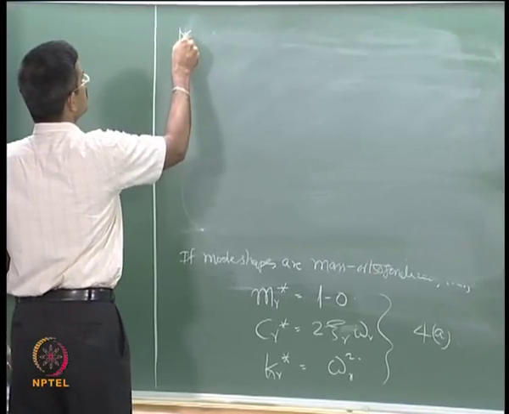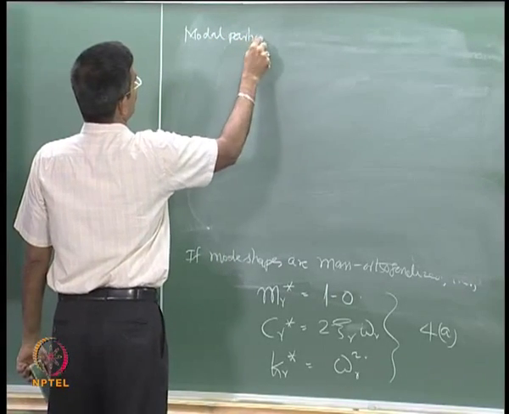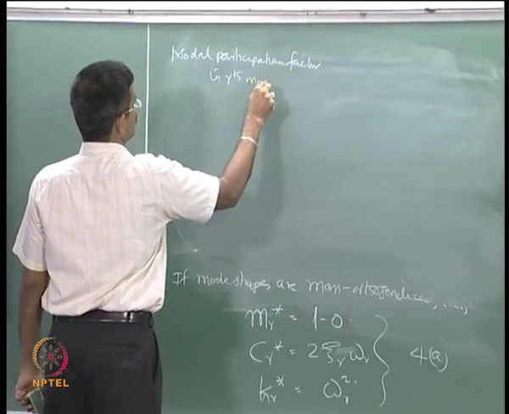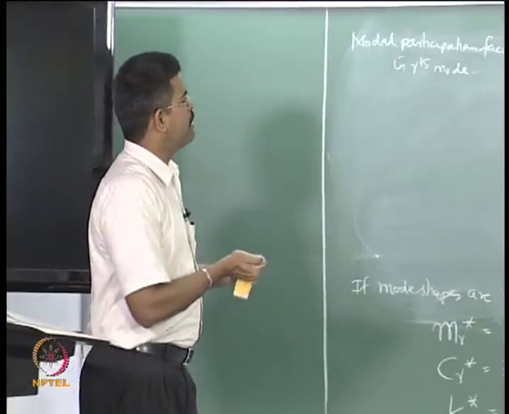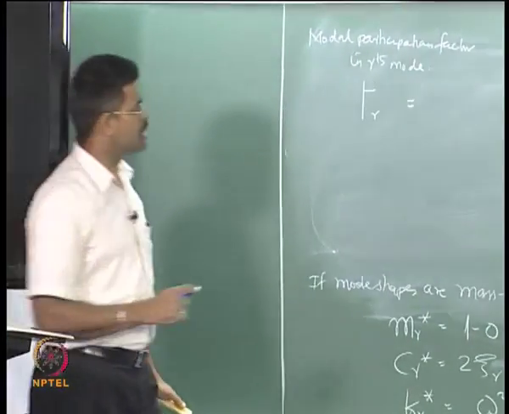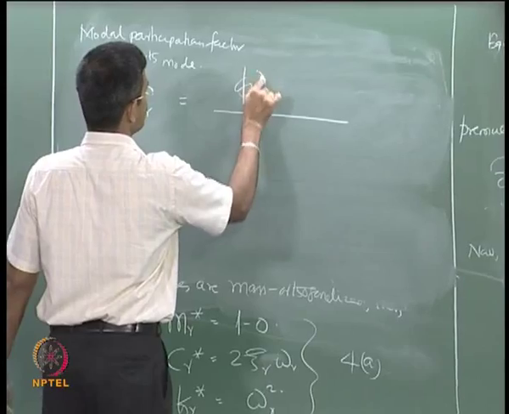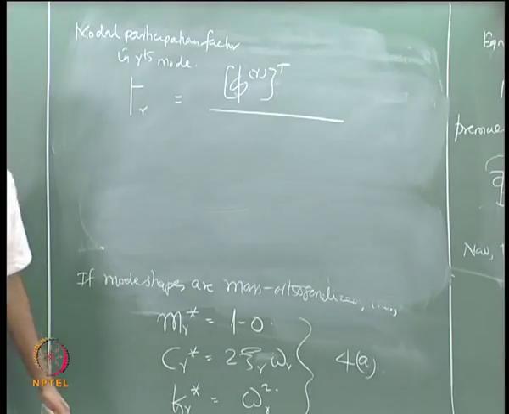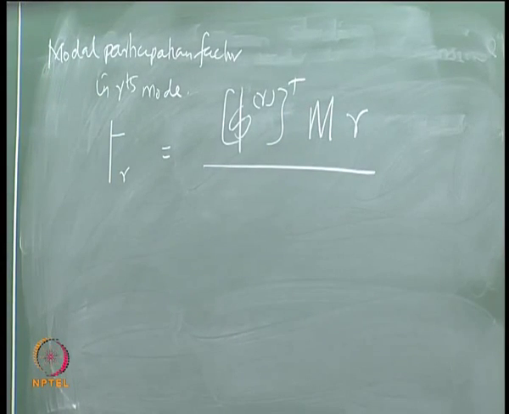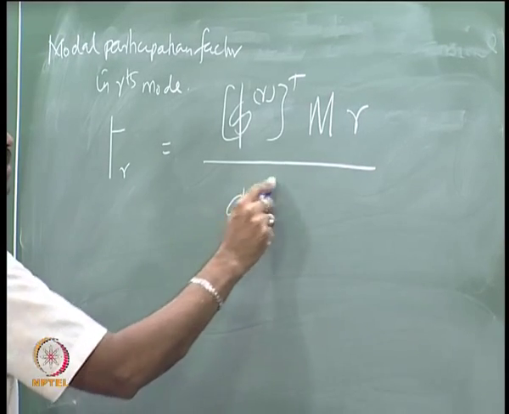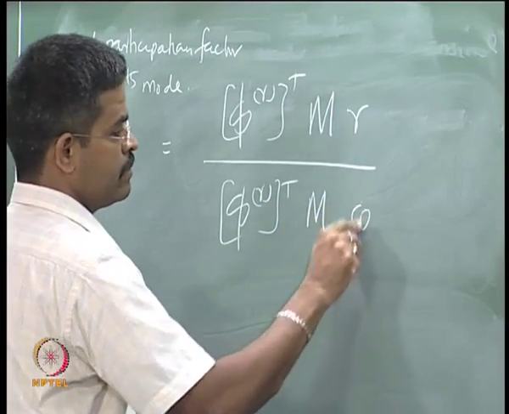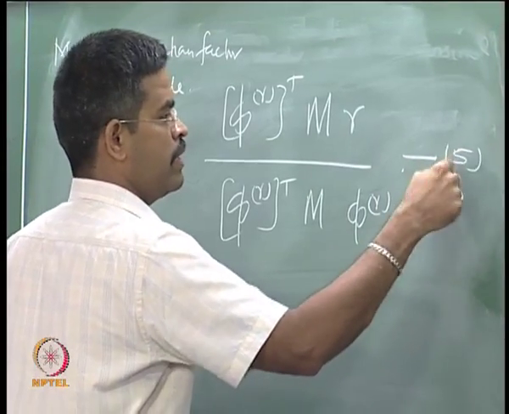Now I can find the modal participation factor in the rth mode, indicated by gamma r, which is given by phi r transpose M r, where r is a multiplier here, not a suffix, divided by phi r transpose M phi r, equation number 5.